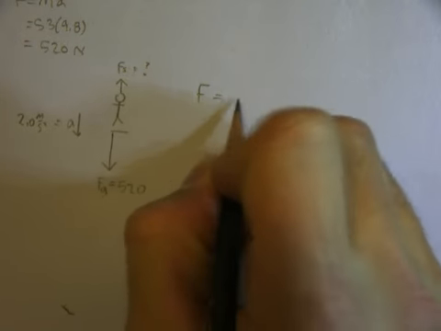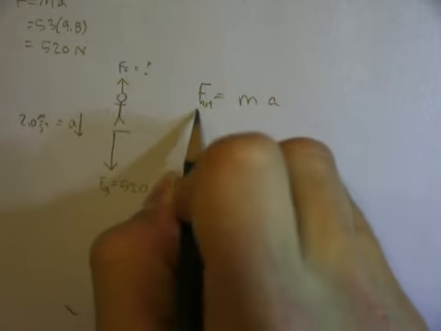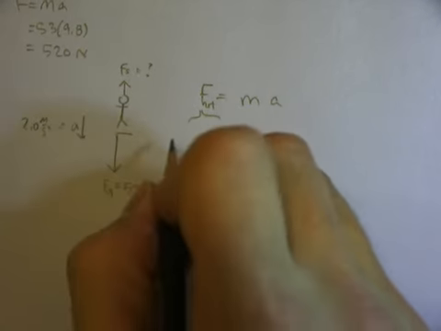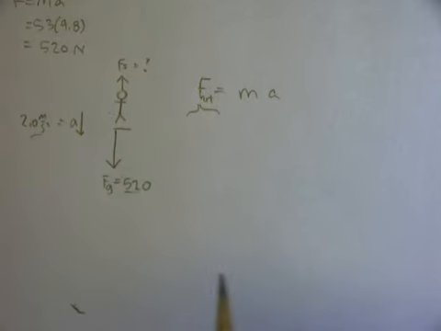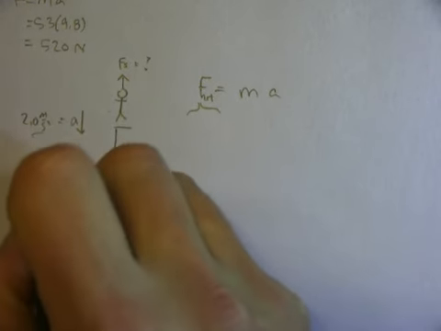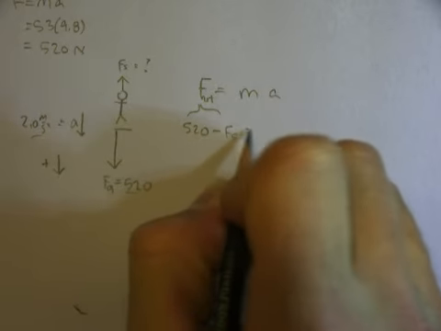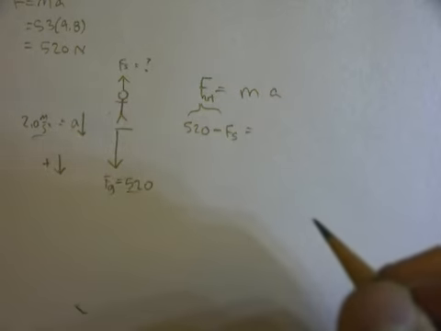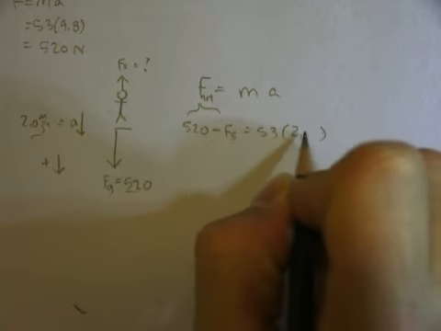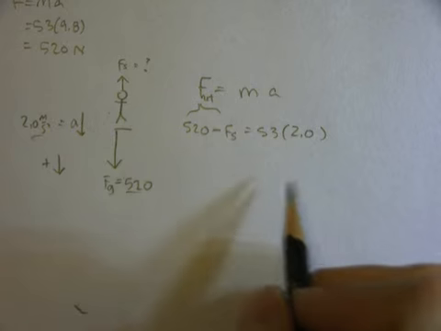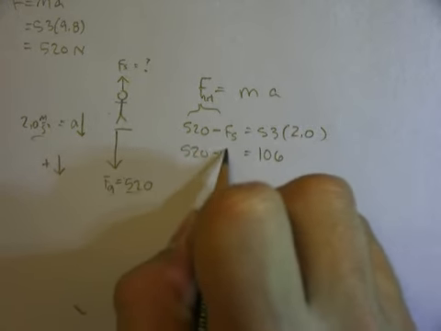I'm going to use F equals ma. Remember that it's the net force that we're going to use. Which way do I want to be positive? Because gravity and the acceleration are both going down, I'm going to say that positive is down in my case. So I'll take 520 minus F of S. The mass of my person is 53 kilograms, and the acceleration is 2. So 53 times 2 is 106. 520 minus F of S equals 106.